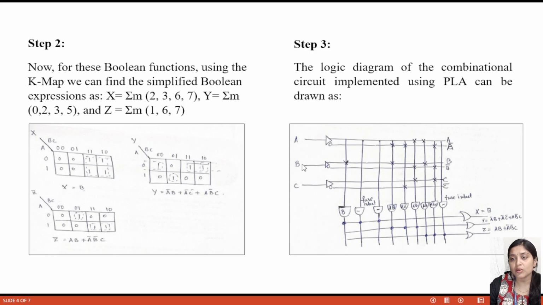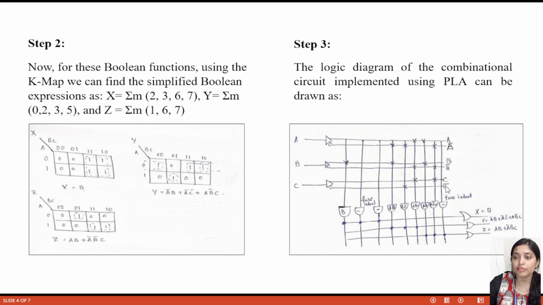Here also B, this is also a buffer, this line is for B, and this is the not, this line goes for B bar. Similarly this is C, this line is C, and this not line is C bar.